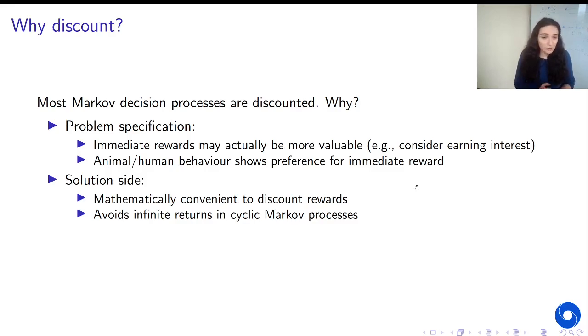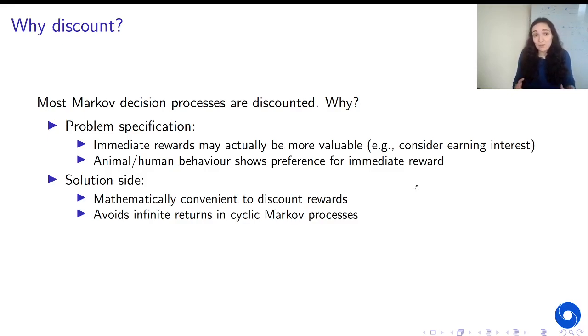And it's also something that we see in animal and human behavior, that there is a preference for immediate reward. In a sense, it's leveraging the probability of actually making it to 10 years time or 100 years time and seeing rewards in that far horizon. And then on the other side is the solution side.